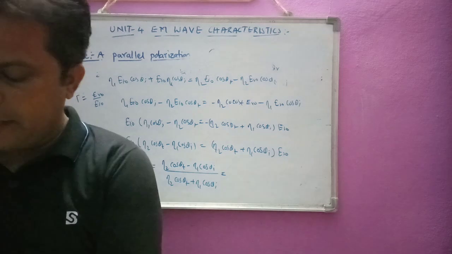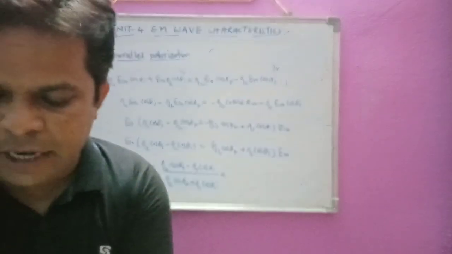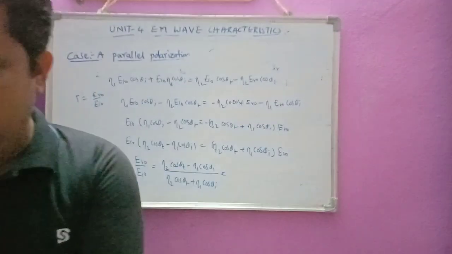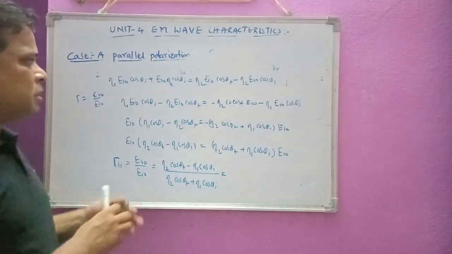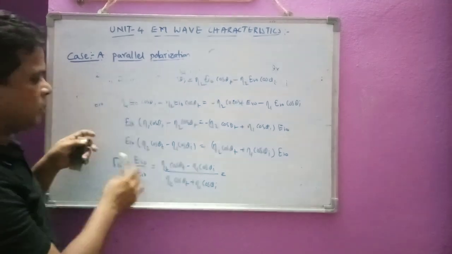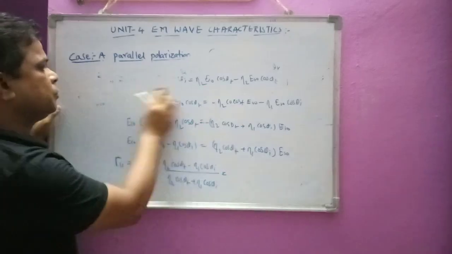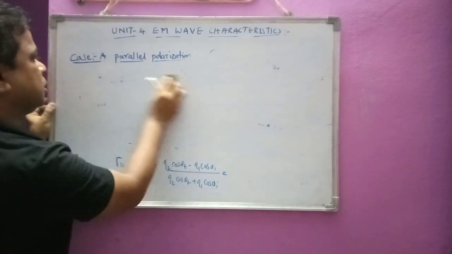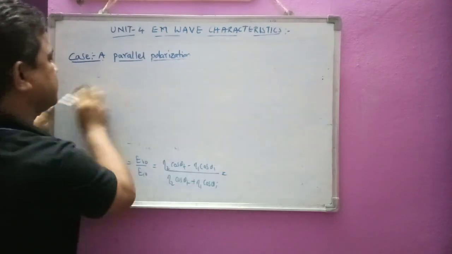Similarly, I can get the equation for the transmission coefficient, that is tau. For the transmission coefficient, we have to use the same similar equations that we have done. Now we will try to derive tau parallel, that is the transmission coefficient.